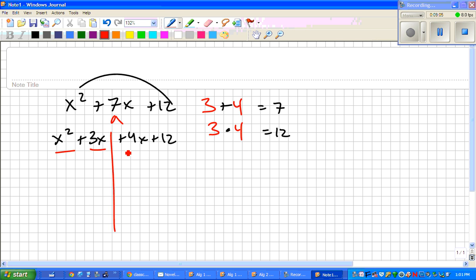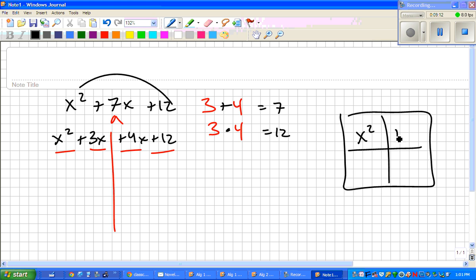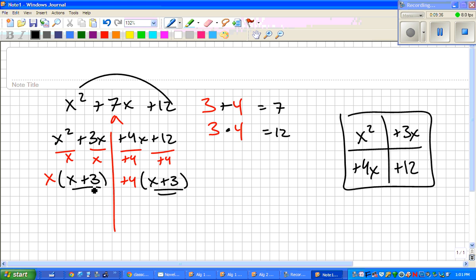Okay? You guys need to know how to do this. Now, whether you split the middle term, or if you come over and do the box method, you will get the same answer both ways. Okay? You can pull out an x here, and then you're left with x plus 3. Here you can pull out a positive 4, and we're left with x plus 3, which is good because we want those to match up.